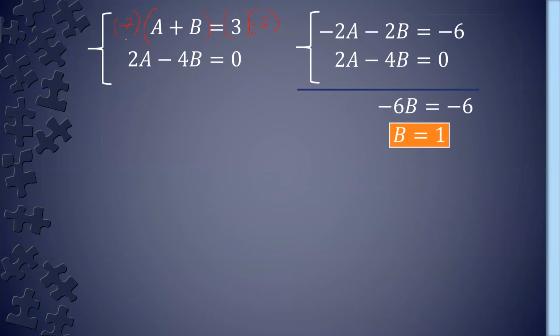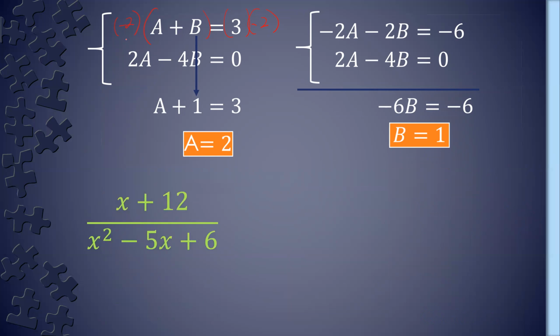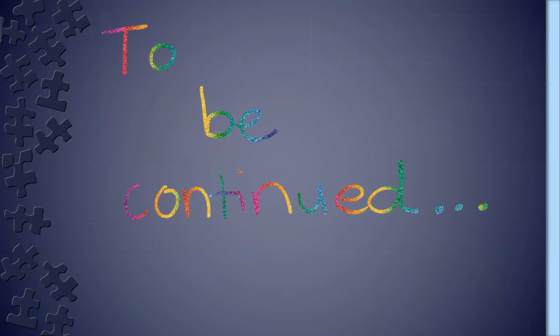Now that I know b is 1, I'm going to go back to my original equation, substitute in 1, and a is 2. Therefore, our fraction is decomposed to 2 over x minus 4 plus 1 over x plus 2. And that is how we decompose fractions with non-repeated linear factors.